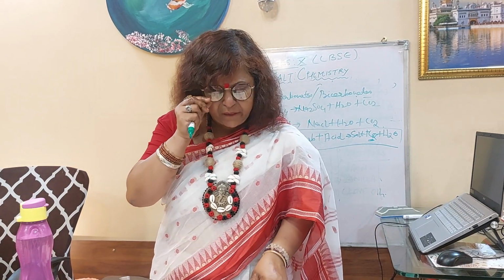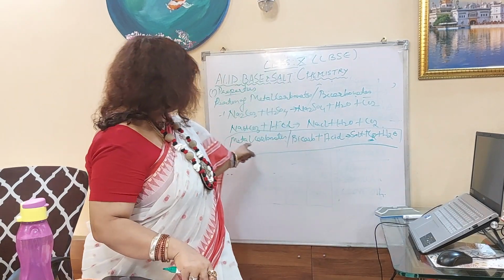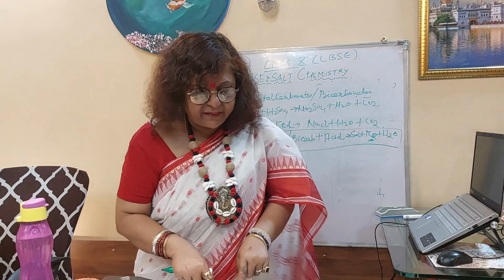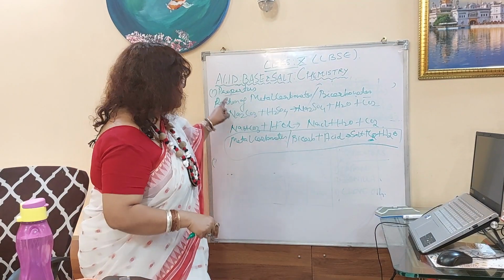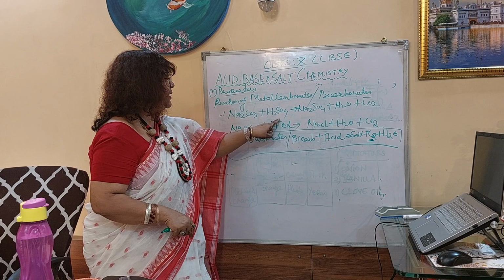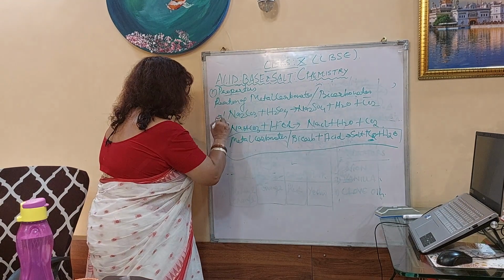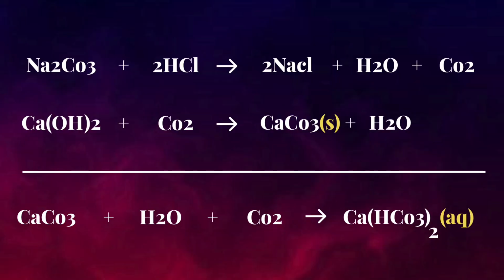For this, another reaction is given in your book. I will write the reaction, that will be a separate reaction here. So keep in mind this reaction, sodium bicarbonate with sulfuric acid, sodium bicarbonate with HCl. This is the A part, the general reaction.